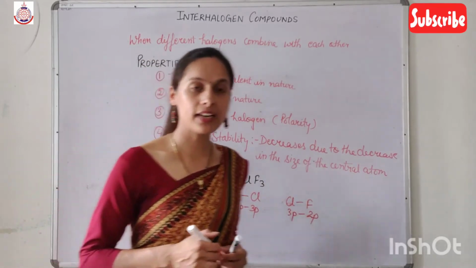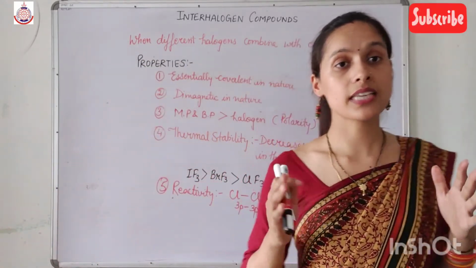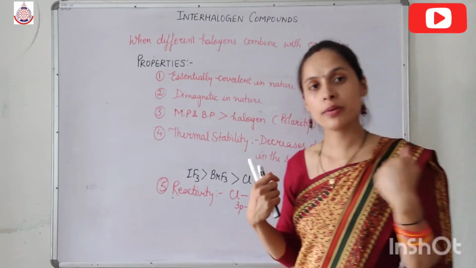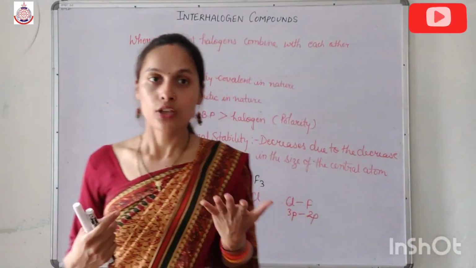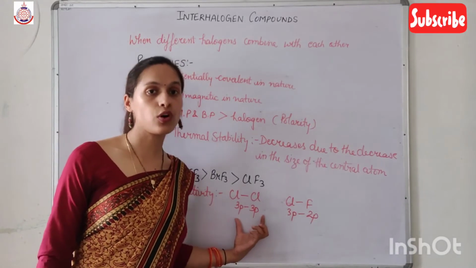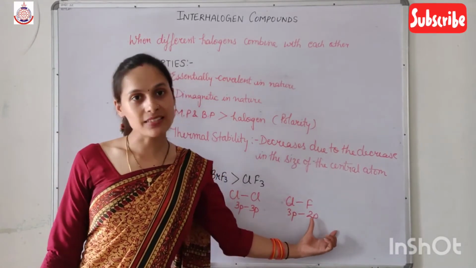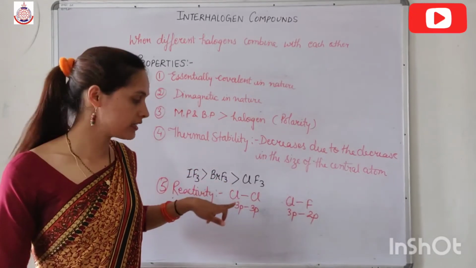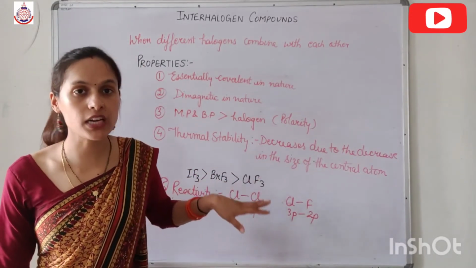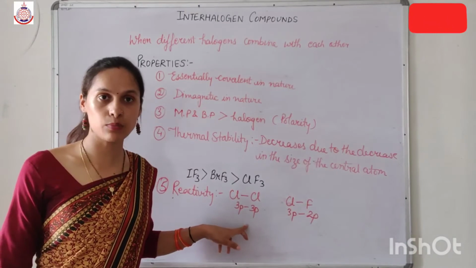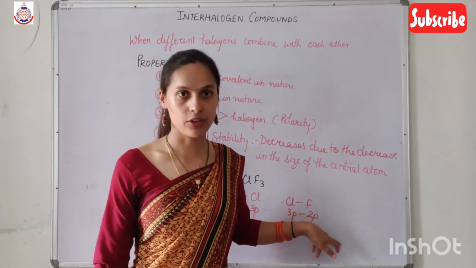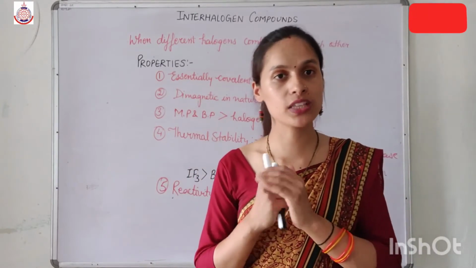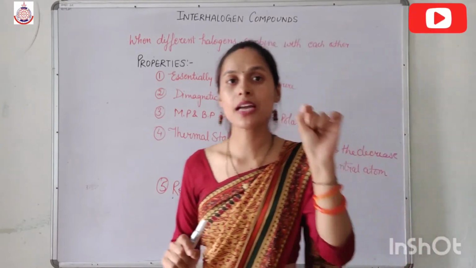Now we know that bonding between the same orbitals is stronger than bonding between different orbitals. So 3p-3p is stronger than 3p-2p. As a result, ClF is more reactive than Cl-Cl, because it becomes difficult to break the Cl-Cl bond as compared to ClF. So the interhalogen compounds are more reactive than the halogens except F2.